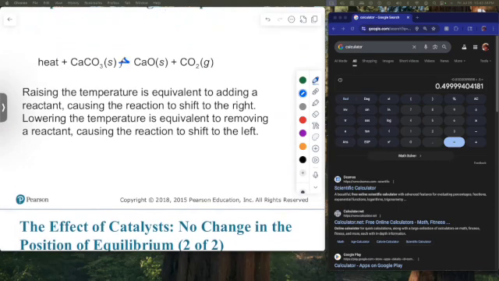This is also endothermic. Oh no, I was using blue for decrease, right? Because it's like cold. Oops, wrong thing. Okay, so I'm at red now. Red is increase. So when you make it hot, it shifts away from the increase, and when you make it cold, it shifts towards the decrease.